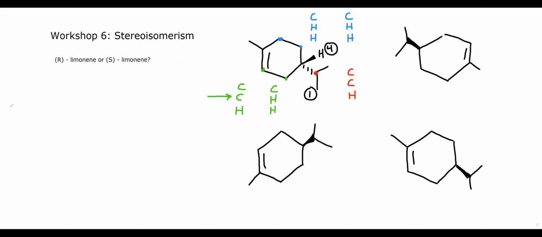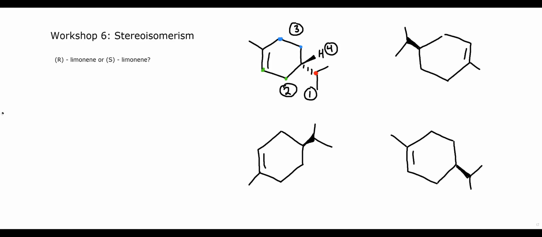So the green chain is going to be prioritized higher above the blue chain. So let's give this green chain here priority 2. And then the blue chain up top, priority 3. Okay, I'm going to erase this extra stuff now that we don't need it. Okay, so we have our priorities 1, 2, 3, 4.